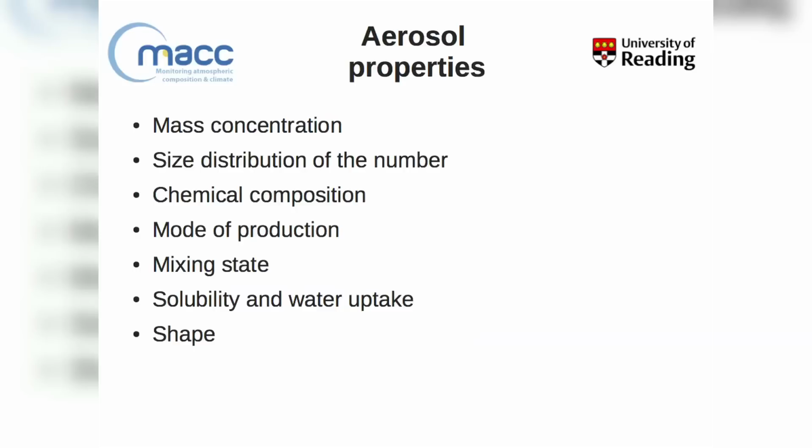Some other things we need to know is the mixing state. We'll see what that is in a few moments. Whether they are soluble or not, and whether they can uptake water as they reside in the atmosphere. And finally, it could be interesting also to know their shape, because it does impact on some of the properties, for example, their ability to interact with radiation.